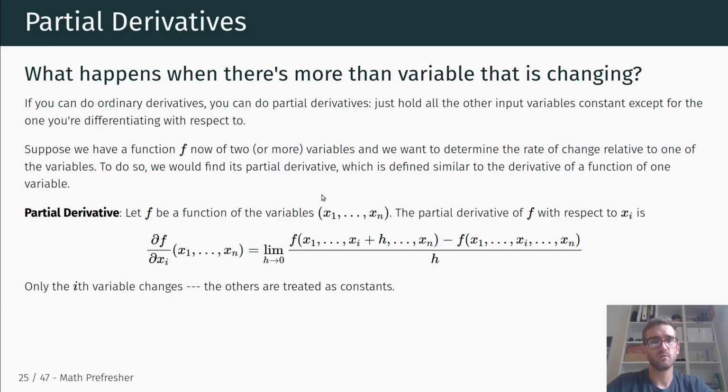Okay, so we basically use the same definition of the derivative, where we now have a function with multiple inputs, and we're just looking at the rate of change if one of those x's, like in this case xi, is increased by h, and we use the same logic, taking the limit for h approaching 0.